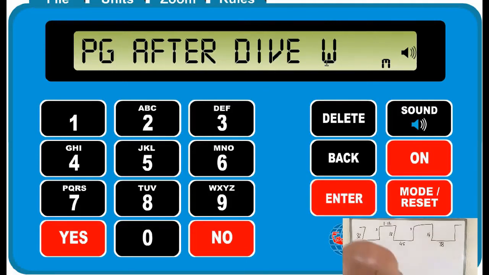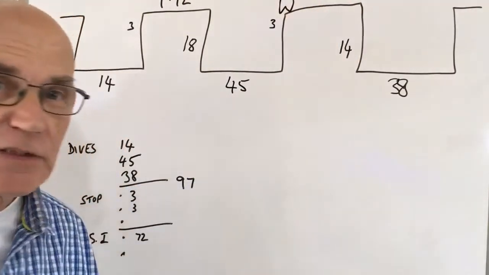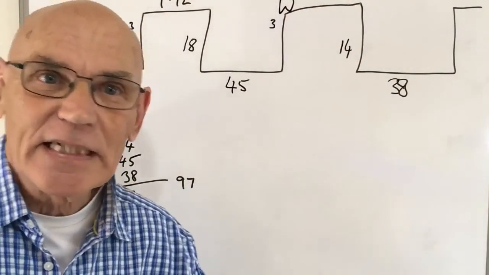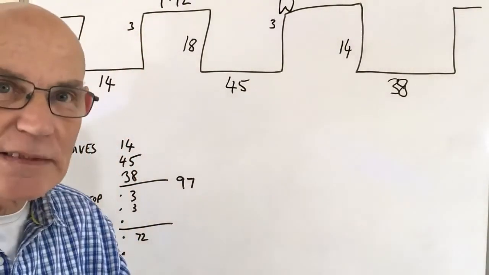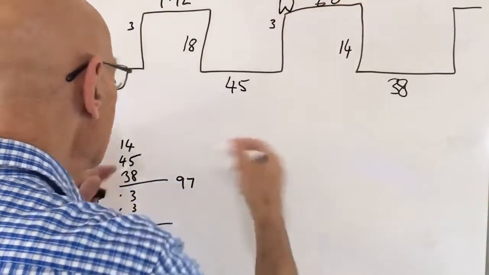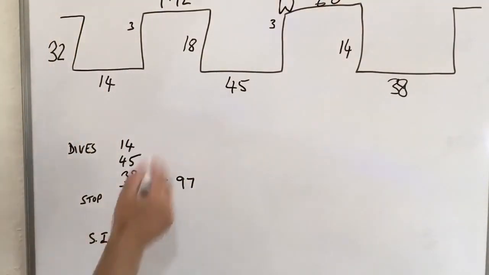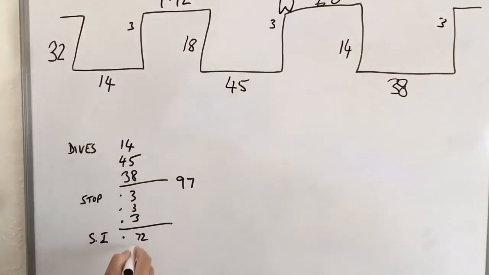Now that tells us something, doesn't it? If we're in pressure group W here, this surface interval must be 60 minutes. It can't be anything less than that because of the WXYZ rule. So we can put 60 minutes in here, and we can continue with everything else on our chart. We now know also that this had a 3-minute safety stop, and that this had a 60-minute surface interval.